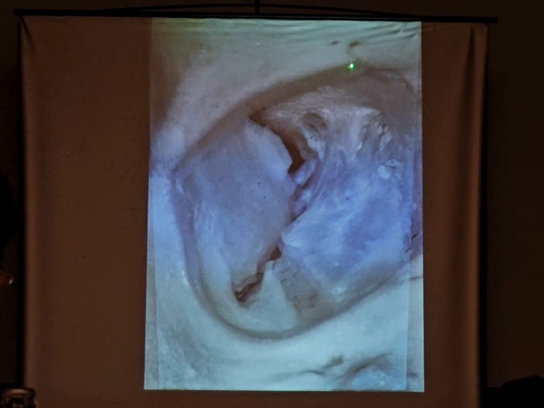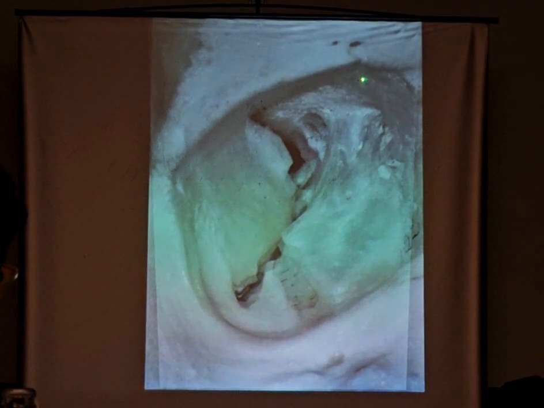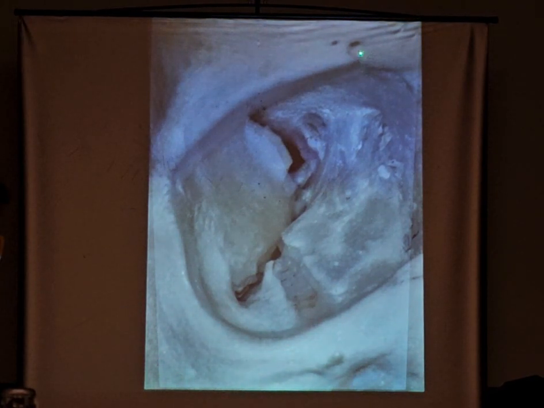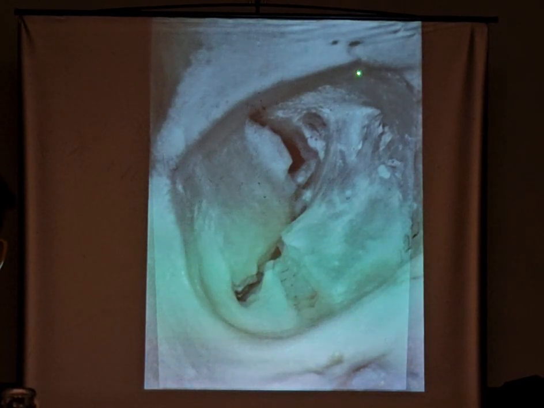Here, have a look at the supraorbital foramen or supraorbital canal for the supraorbital artery, terminal branch of the ophthalmic artery, and for the frontal nerve.